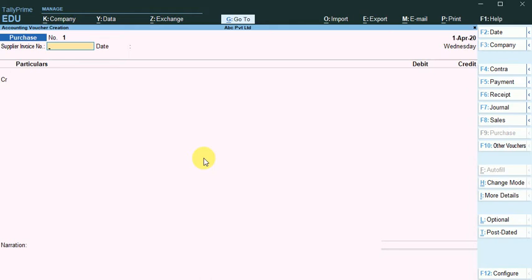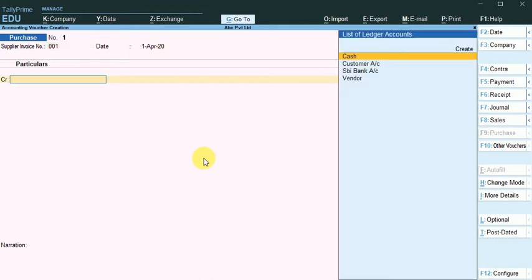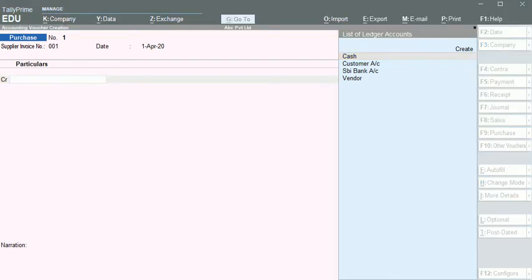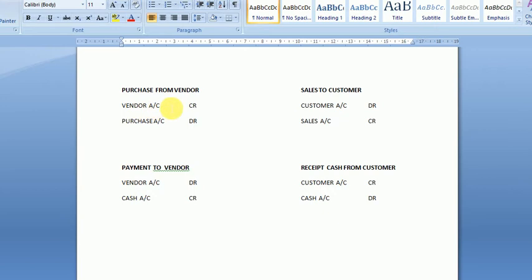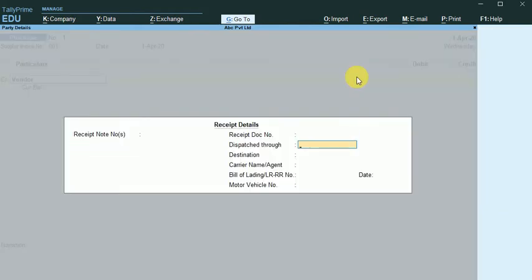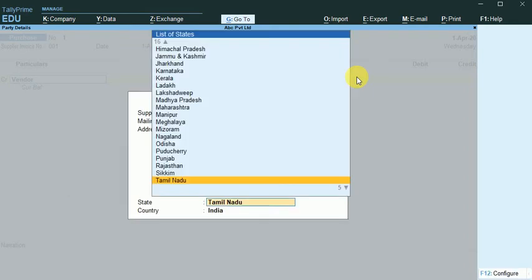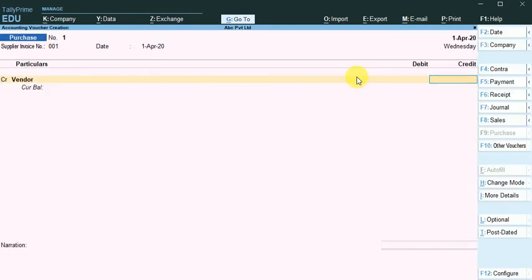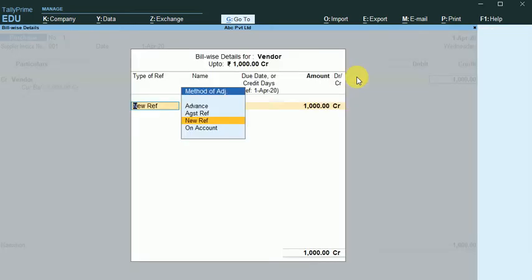So the purchase invoice number is 001. Date is 1st April 2020. The general journal should be like this: purchase from vendor. Vendor account should be credited and purchase account should be debited. So the vendor account will be credited. Skipping these things right now, let's say for 1000 rupees.